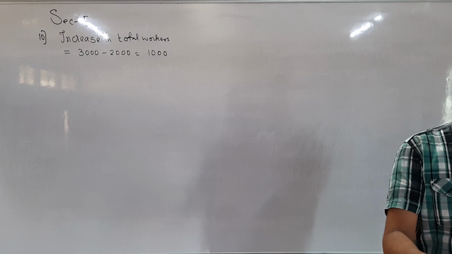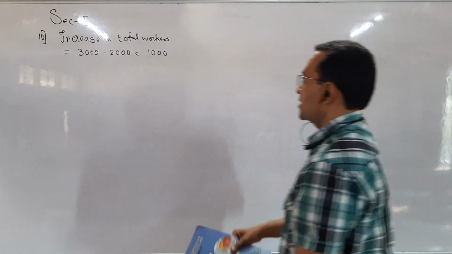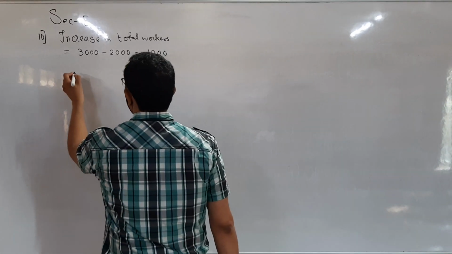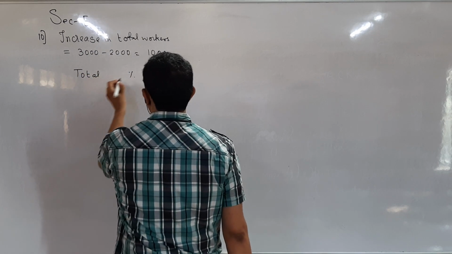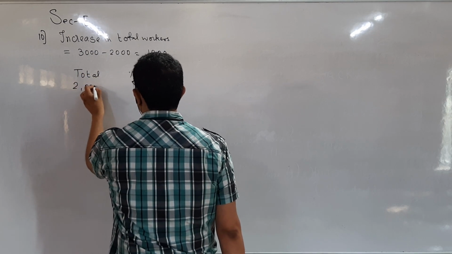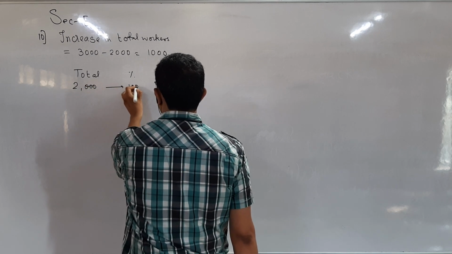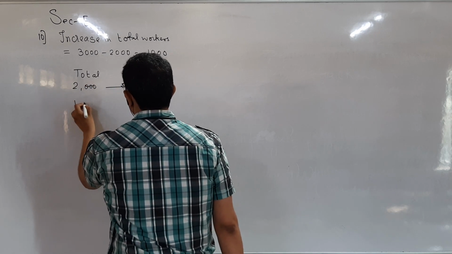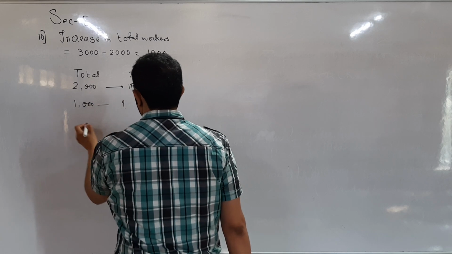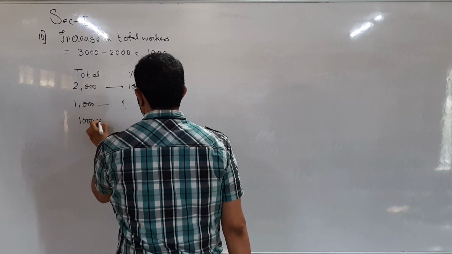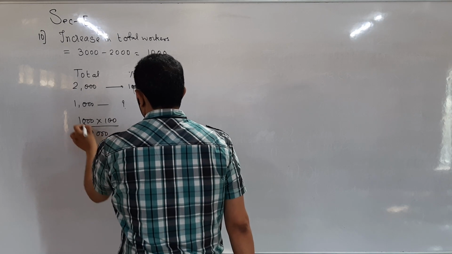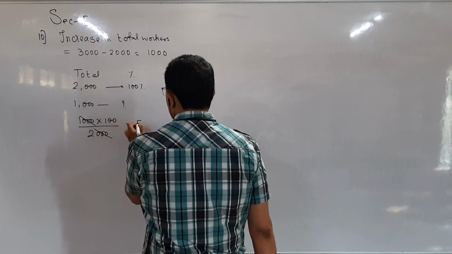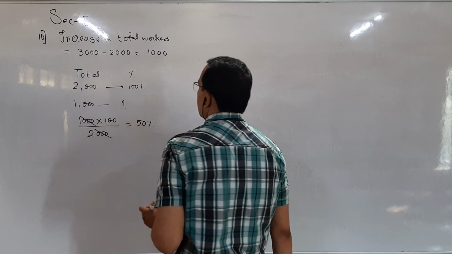Now, workers in 2010 we take as 100%. Original workers are always taken as 100%. So 1000 workers is how much? It will be 1000 into 100 divided by 2000, so the answer is 50%.